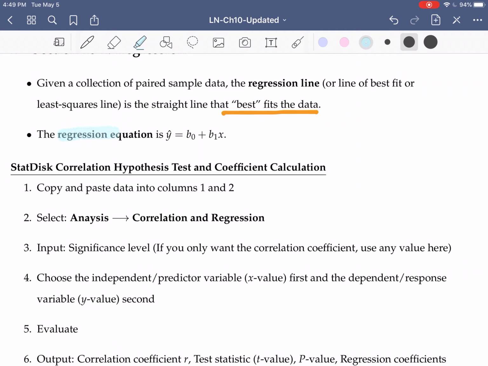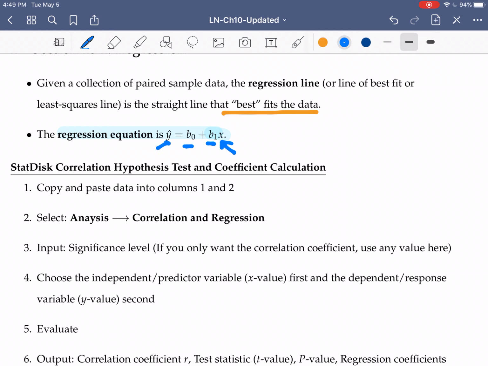Anyway, the regression equation that we obtain is going to look like y hat equals b0 plus b1x. The value b0 is a constant. b1 is a constant that's going to be multiplied by the predictor variable x.